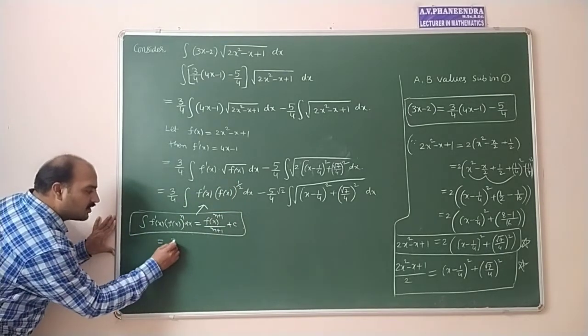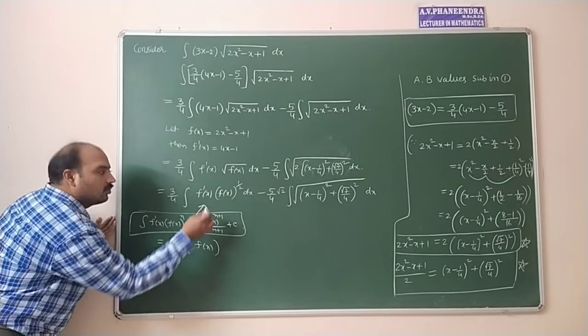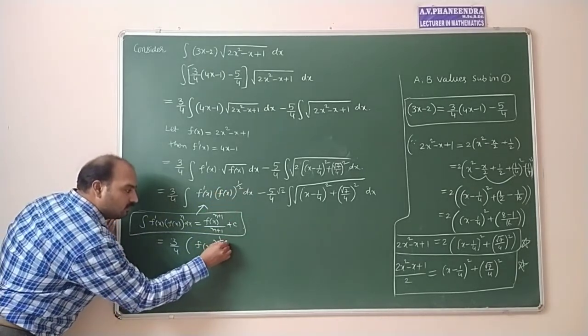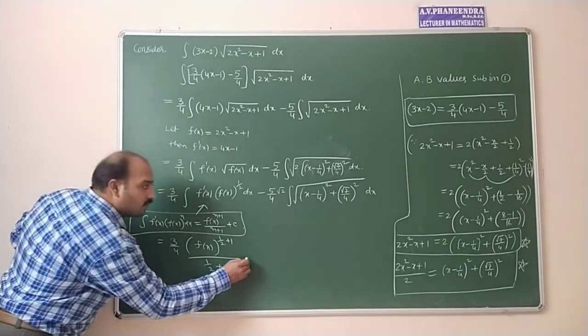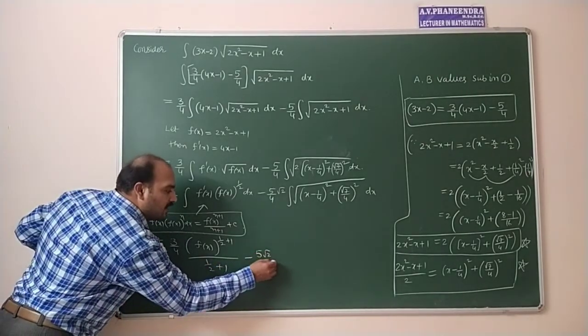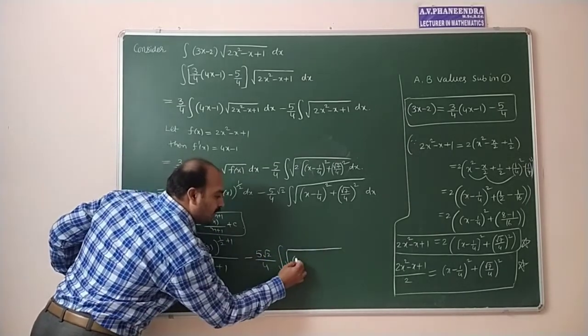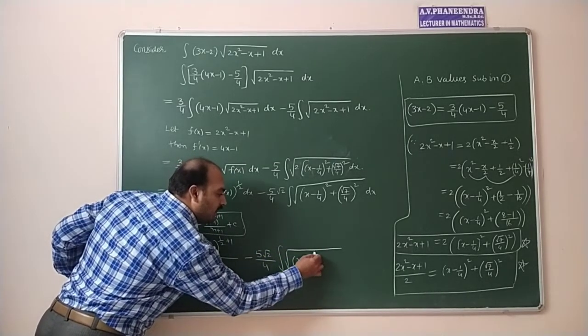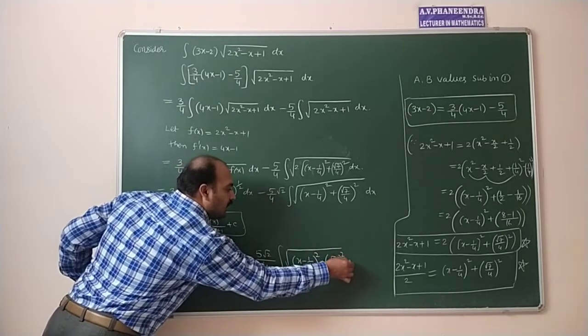So it will become 3 by 4 f of x whole power 1 by 2 plus 1 divided by 1 by 2 plus 1, minus 5 root 2 divided by 4 integral square root of x minus 1 by 4 whole square plus root 7 by 4 whole square into dx.